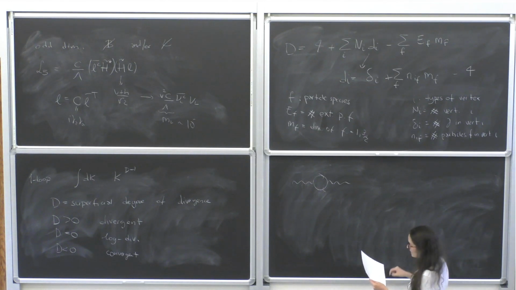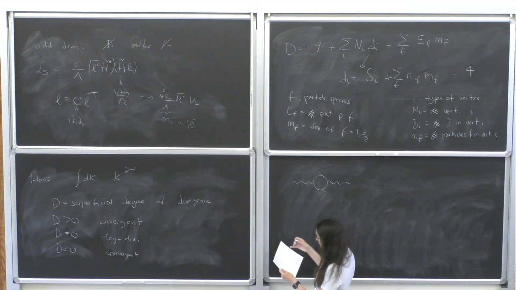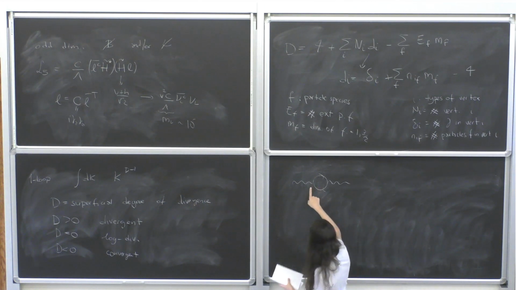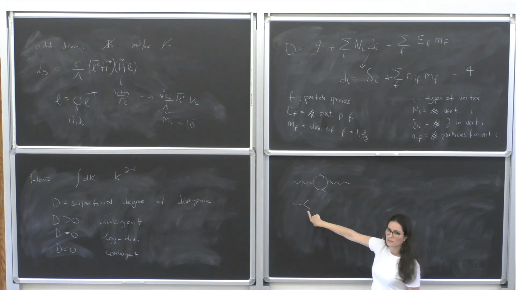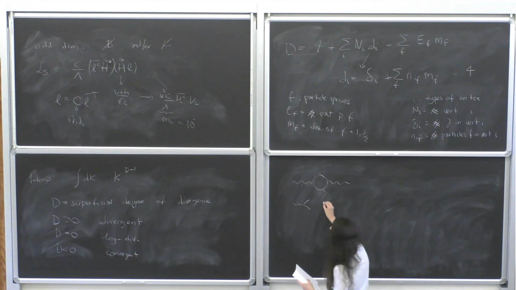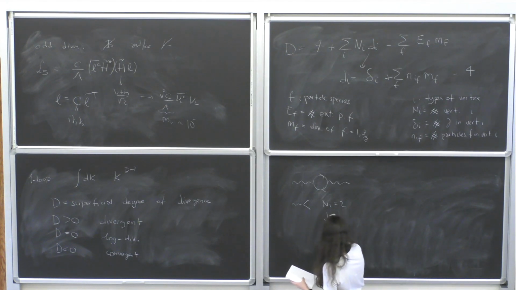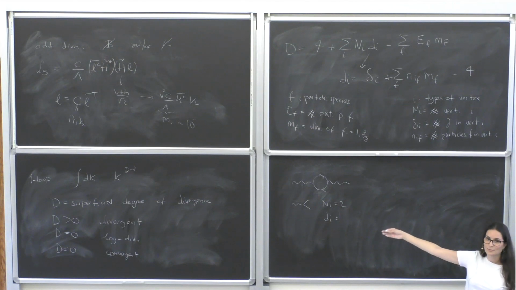So you have two vertices of this kind: the vertex of the vector with the two fermions, and there are two of them because there are two vertices that enter here. And the dimension that the vertex has, this is a standard model interaction, right?